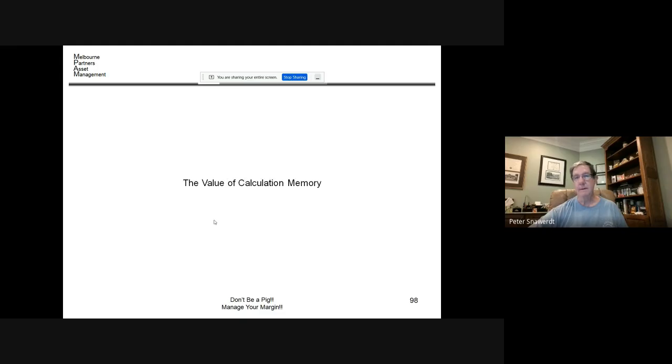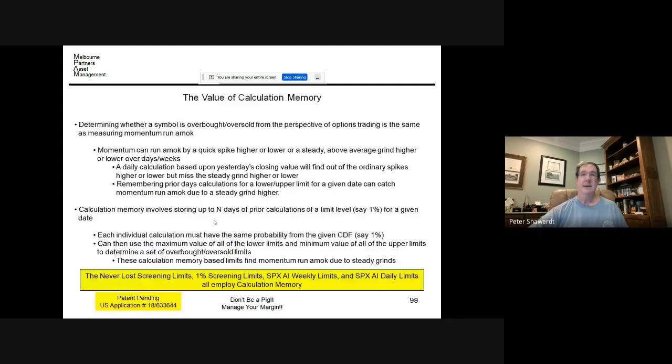All right. We're going to talk next about the valuation of what I call calculation memory. In our screener files, we have these colors that show up as pink, but they're meant to be red, blue, and yellow, that highlight whether something is considered overbought, oversold, or nearly overbought or oversold.